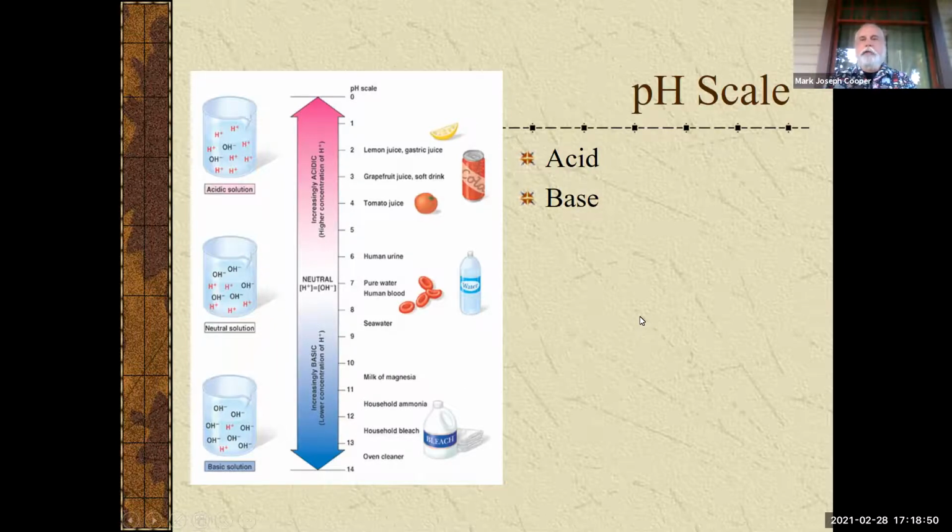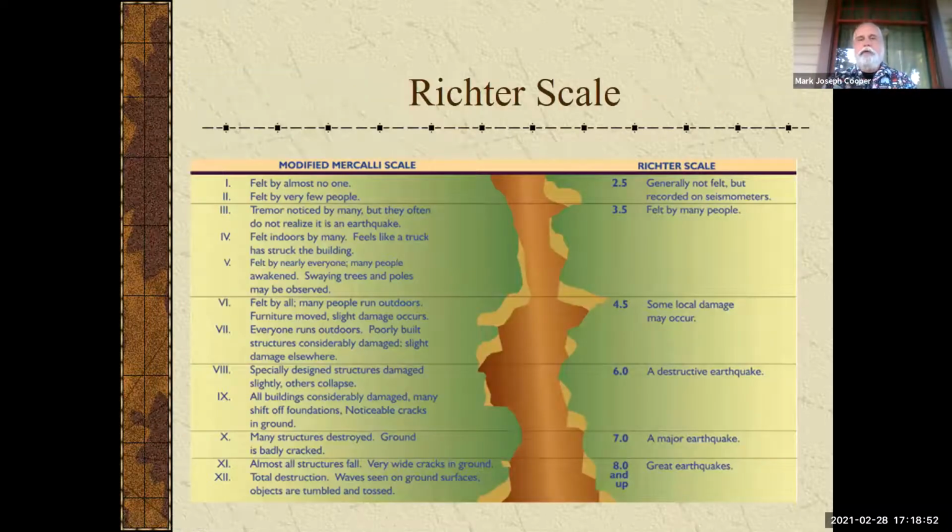So just to give you an idea, the Richter scale, which is being phased out now, that earthquake scale, is actually a logarithmic scale. If you lived in California long enough, you probably lived through an earthquake, and you get used to them, if that's possible.